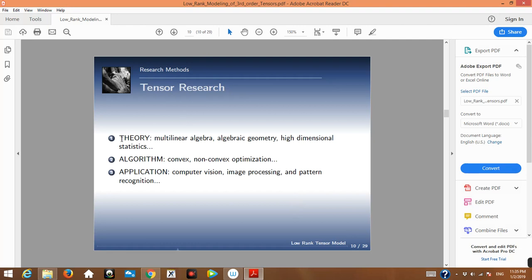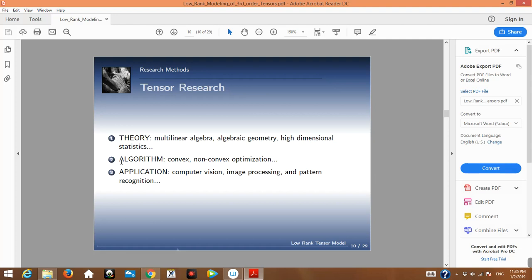Mainly speaking, there are 3 aspects. One is the theory. That is, we use multilinear algebra, algebraic geometry, and high-dimensional statistics to study the properties of tensor decomposition, for example identifiability or some other properties.